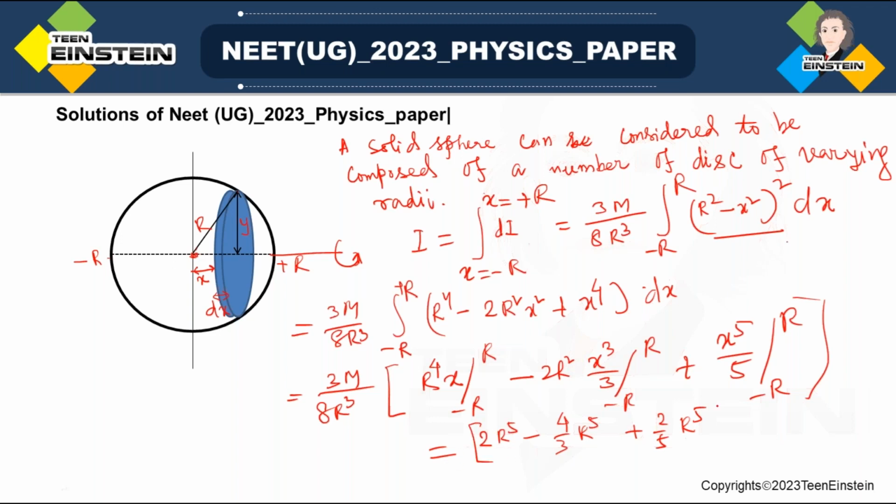Now look, this factor is again multiplied, 3M by 8R cube. If we take this R to the power 5 common, then it will be 3M by 8 into R square, and along with that multiplied, 2, this is 5, so there will be 15. Somewhere some mistake.